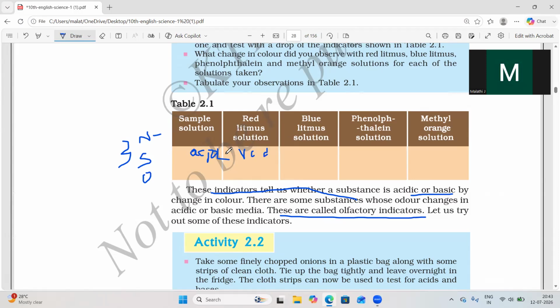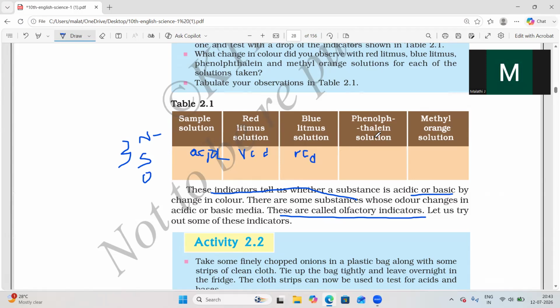When we put blue litmus into the acidic solution, blue litmus turns red.